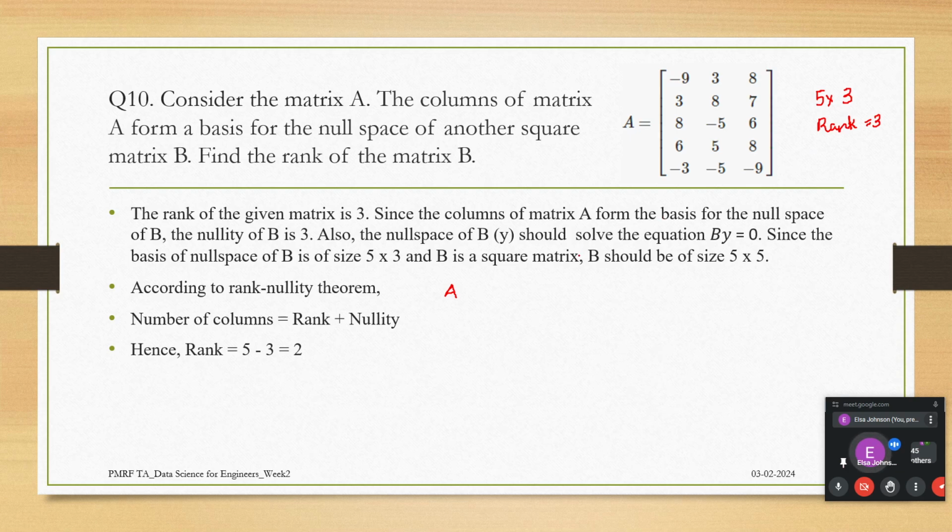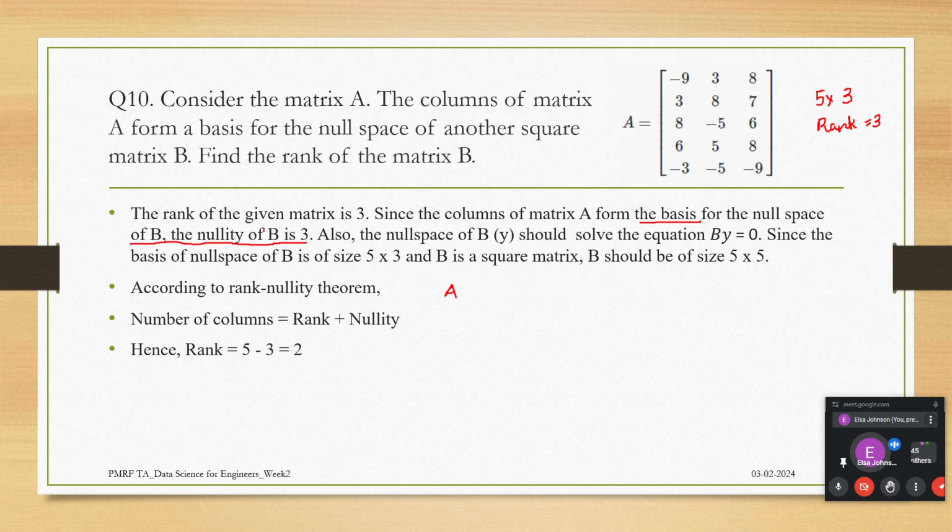There is one property: it is said that the columns of matrix A form the basis, like a base from which the other matrices will be formed. So the columns of this matrix A will form the basis for the null space of B. For this you have to see the lectures to find what the null space is.